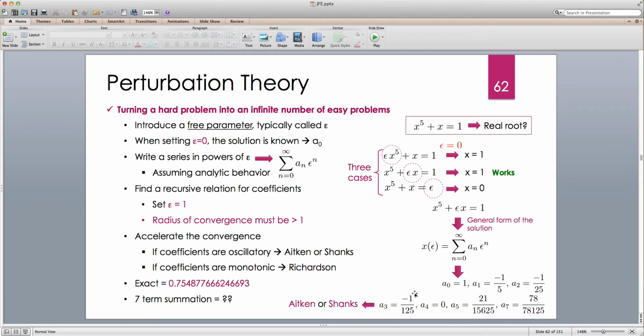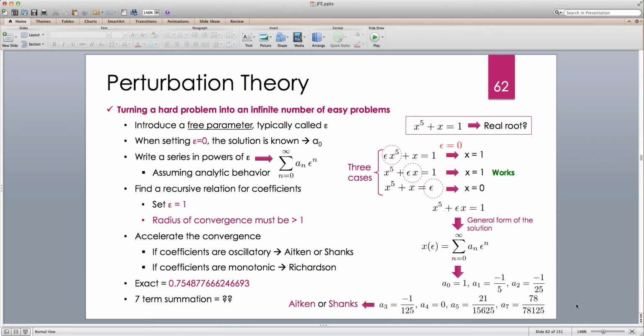A3 turns out to be minus 1 over 125. A4 turns out to be 0. And after that, the other coefficients become positive, and then 0, negative, 0, positive, etc. So A5 is 21 over 15,625. A7 is 78 over 78,125.